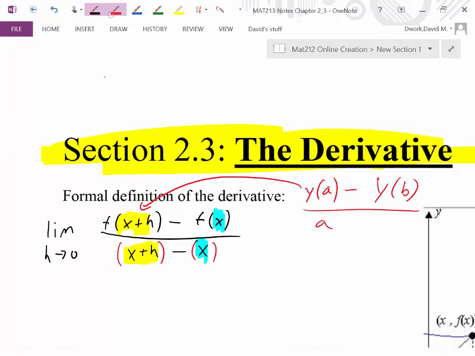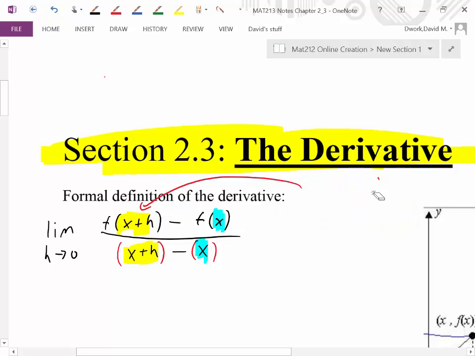So what we're really just talking about here is your slope formula, y2 minus y1 over x2 minus x1. There you go. So the formal definition of the derivative is really just a fancy way of writing slope.